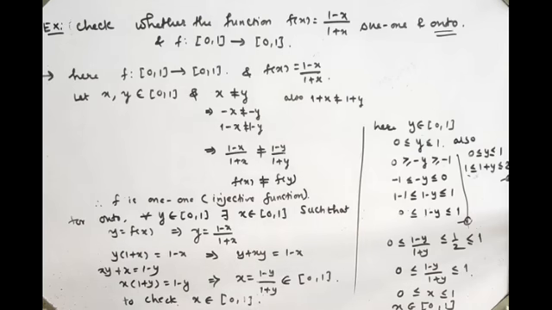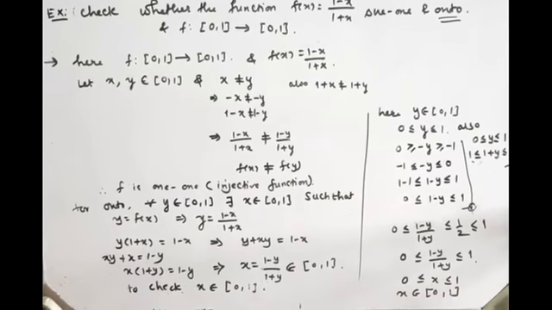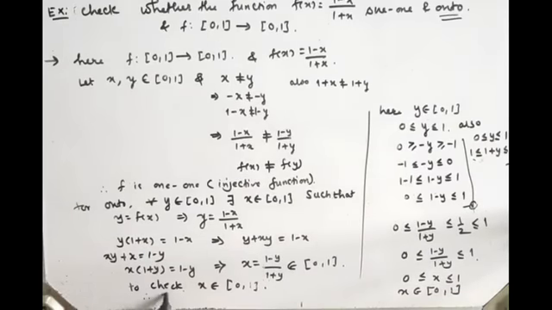Therefore f is an onto function. Therefore f is both 1-1 and onto, hence this function is a bijective function, right?